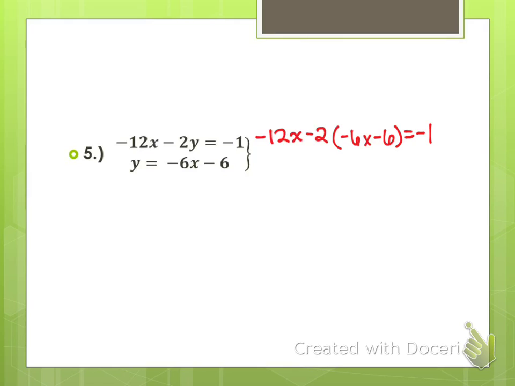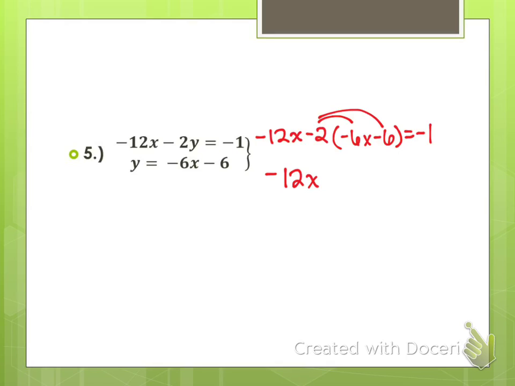All right, we have to solve it. So the first thing we're going to do is distribute the negative 2. We have to treat it like a negative 2. So negative 12x. Who can tell me what we get when we distribute? Ryan? Negative 12.